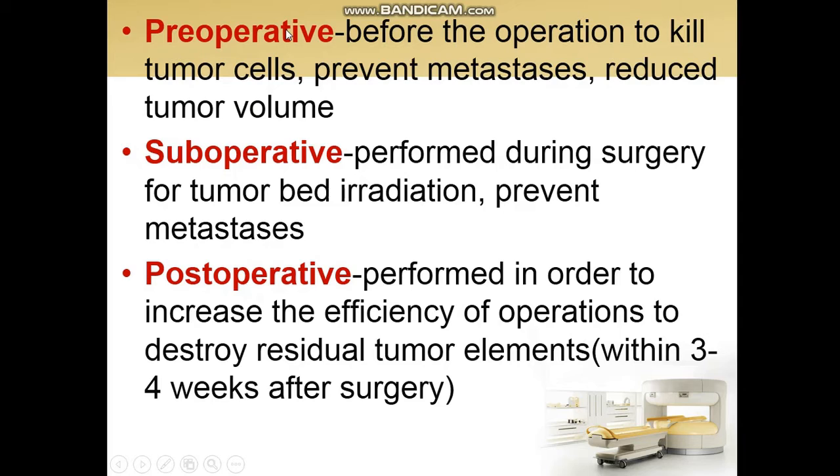Pre-operative radiotherapy is provided before the operation to kill tumor cells, to prevent metastasis, and reduce tumor volume. Suboperative or intraoperative radiotherapy is performed during surgery for tumor bed irradiation and to prevent metastasis.